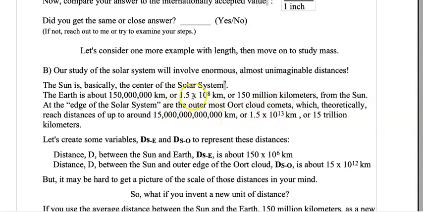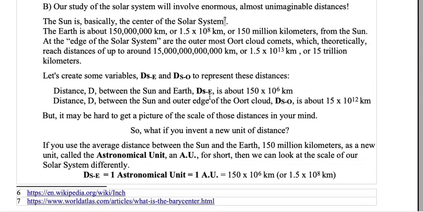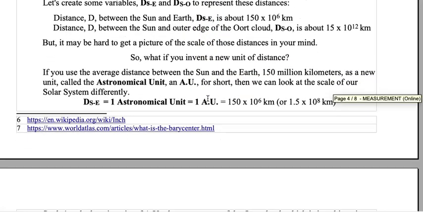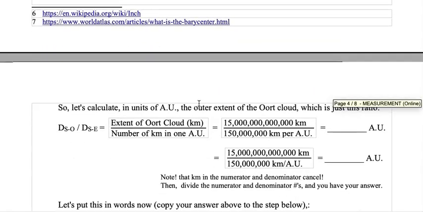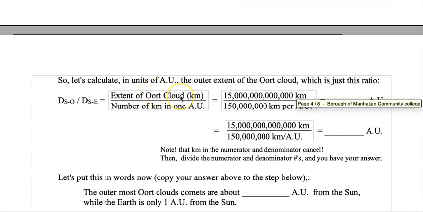So again, instead of these large abstract quantities in scientific notation, can we get better insight by looking at new units, inventing new units? So the distance between the Earth and the Sun is introduced, and this unit is called the astronomical unit. And you're asked to examine the extent of the Oort cloud in units of AU.